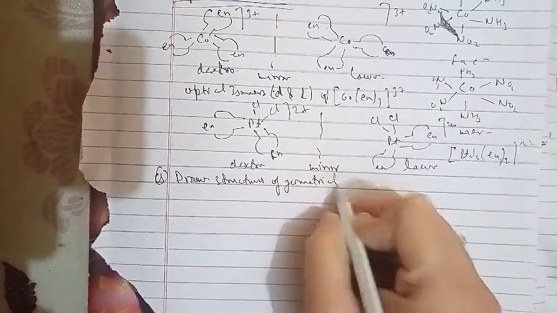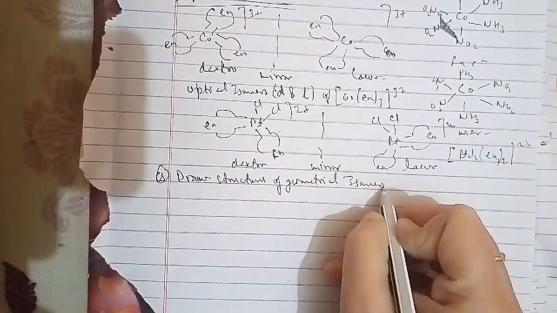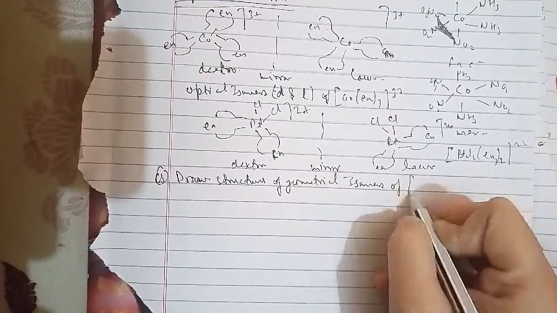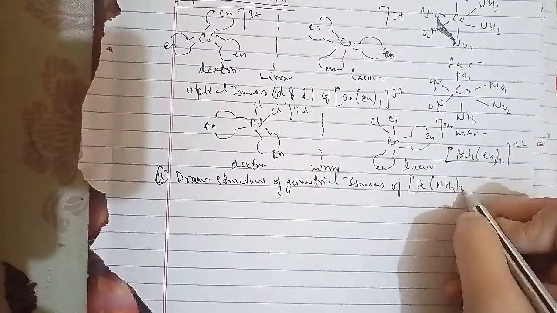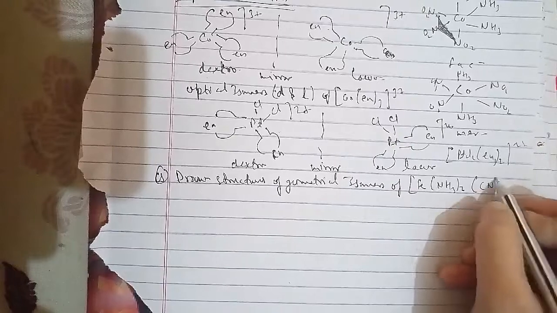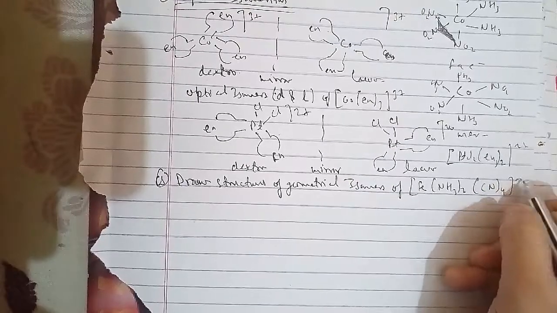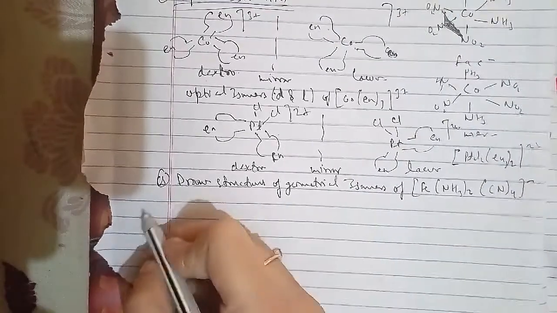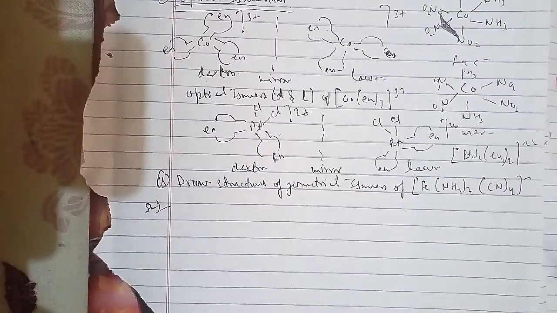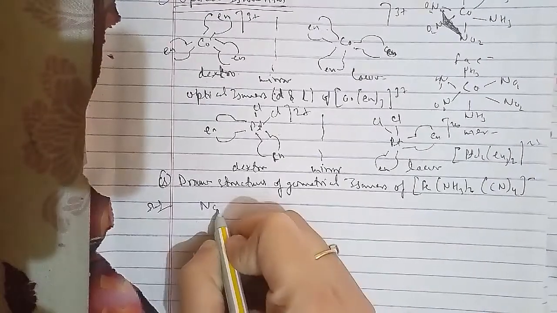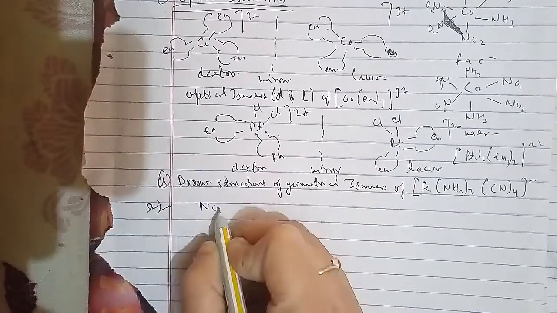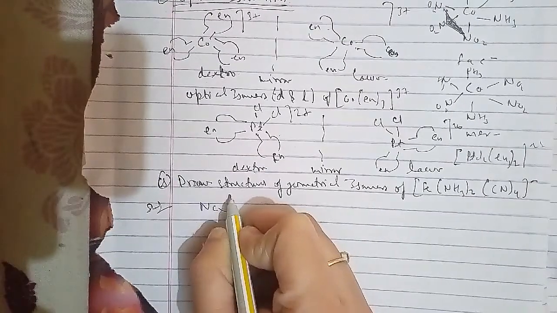This is cis. Next is Fe with CN-, CN, here it is NH3, CN, CN, NH3, CN. This is for trans.